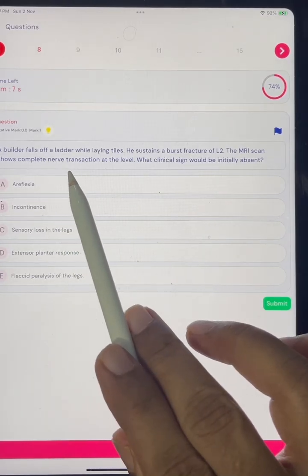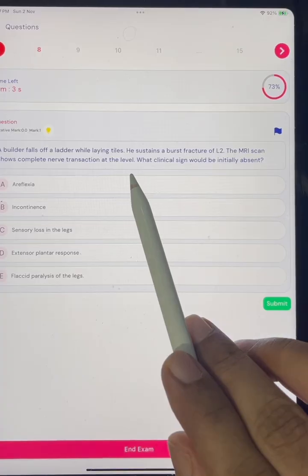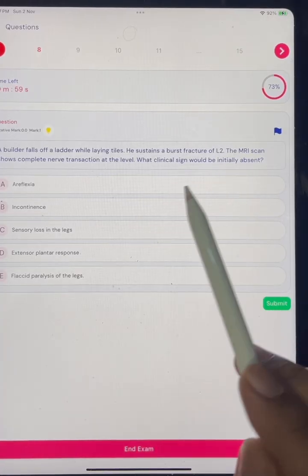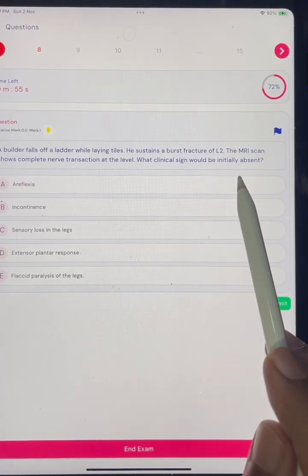A builder falls off a ladder while laying tiles. He sustains a burst fracture of L2. MRI scan shows complete nerve transection at L2. Which clinical sign would be initially absent?